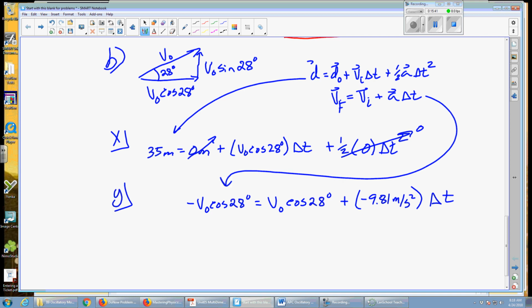Oh, but wait a minute. I have two equations and the same two unknowns. Math tells me that's solvable, right? Double check with your math teacher, but I think it does. So I could put it into Wolfram, or I could substitute in. What do you guys think?